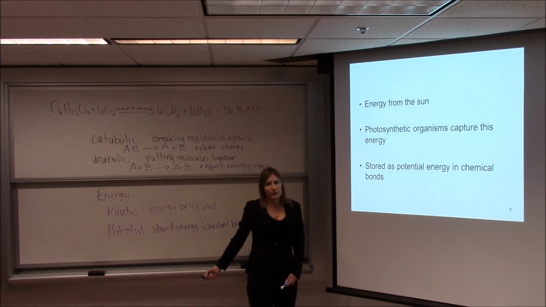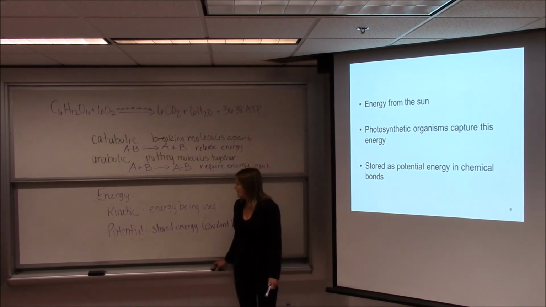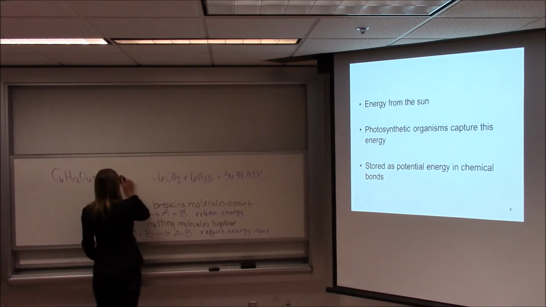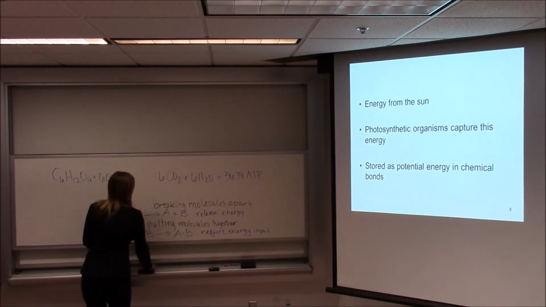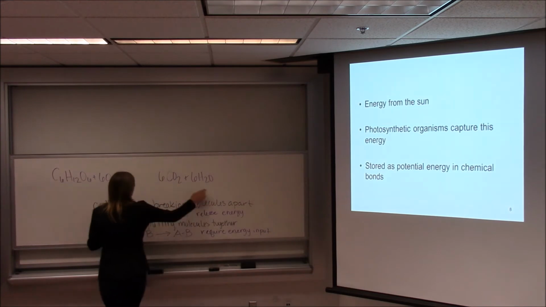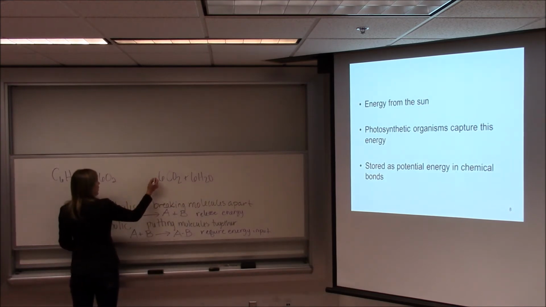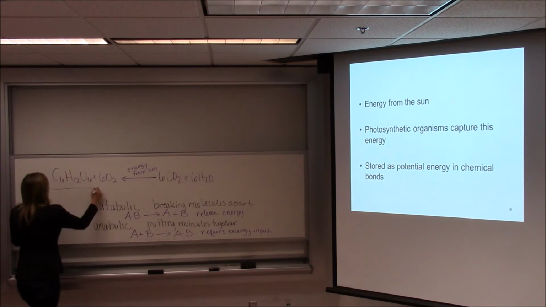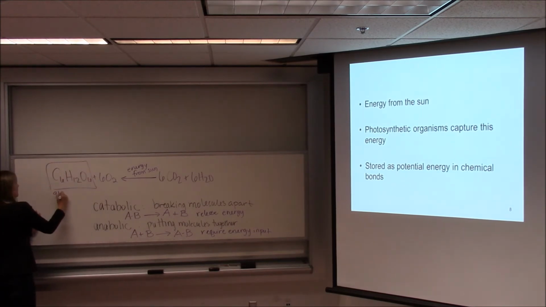We get a lot of energy from the sun, and it's a very important part of the food chain, because remember that photosynthesis is really going to be the opposite of this. Rather than rewriting this equation, I'm just going to show it going this way. Remember, photosynthesis is taking carbon dioxide and water, and with the help of energy from the sun, we're going to store that energy from the sun in the covalent bonds of that glucose molecule.